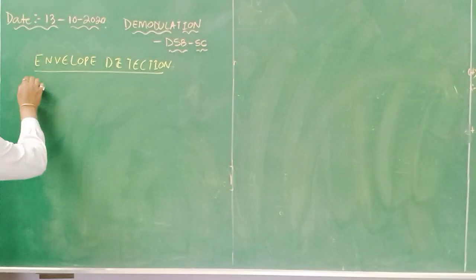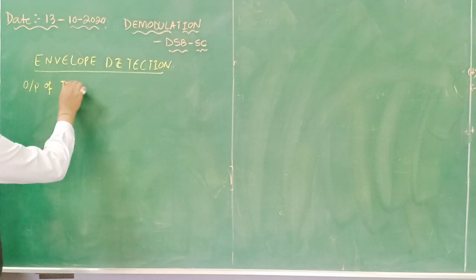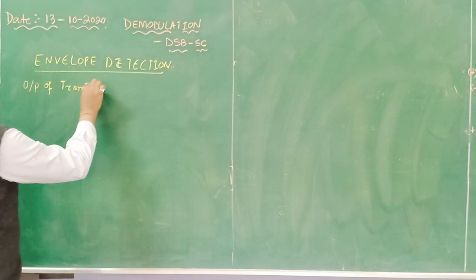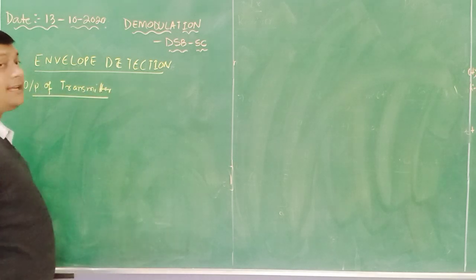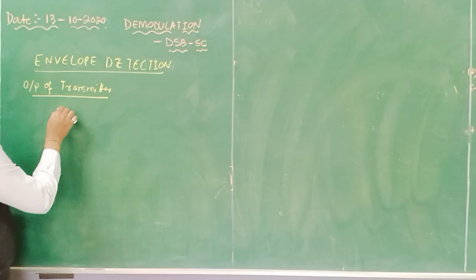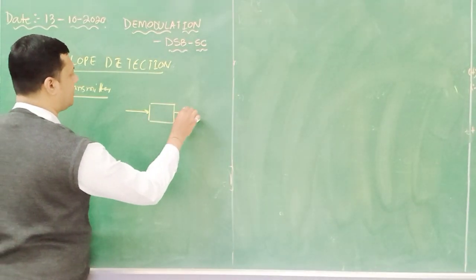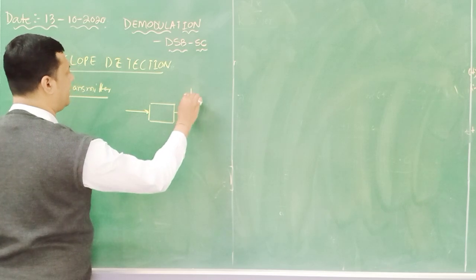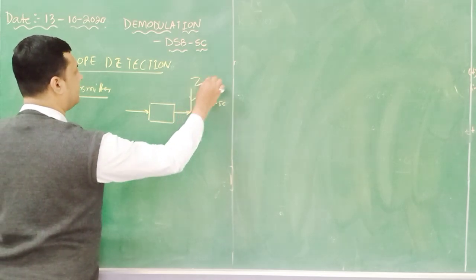So I will write the output of the transmitter. What is the output of the transmitter? The output of the transmitter is the DSB-SC signal. First there is the mixer, the product modulator, and then we generate the DSB-SC signal.